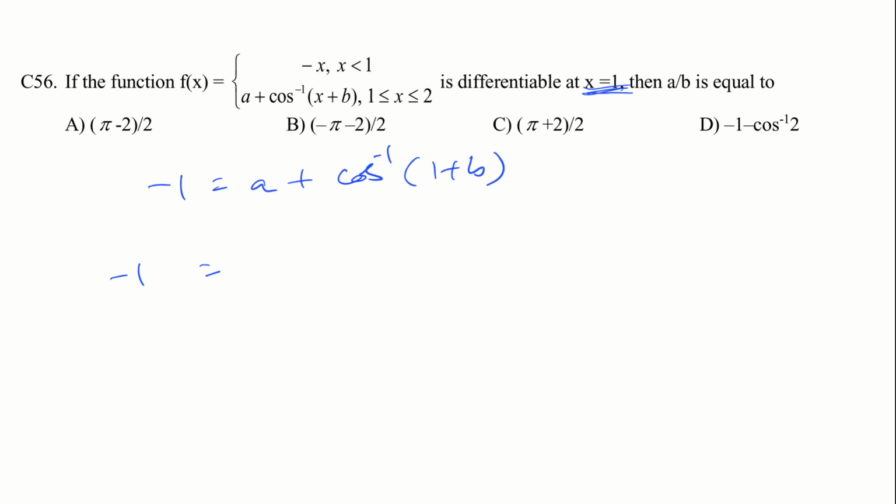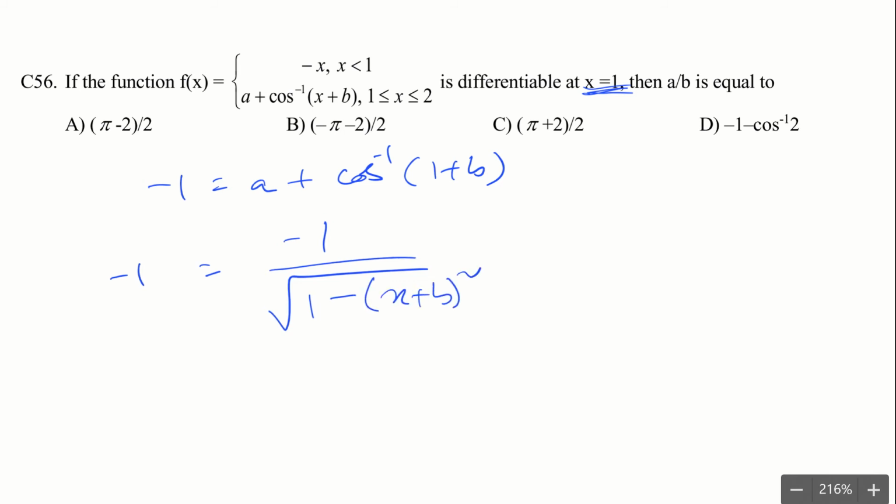For cos inverse it is minus 1 by root of 1 minus x square at 1. So at 1 means simply replace x by 1.